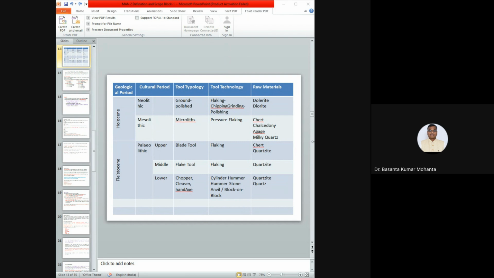So in this context, to know the methods and techniques of manufacturing, the archaeologists experiment. How they were preparing the stone tool, how they were preparing the bone tool, how they were converting a small piece of bone into a tool, how they were making different kinds of art objects.